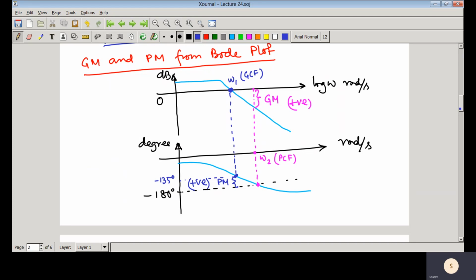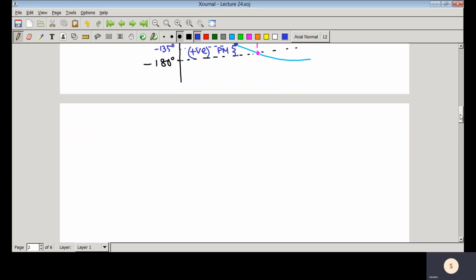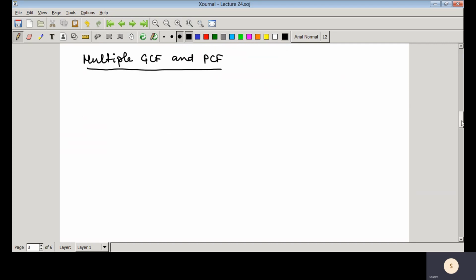So now there is one question. It might happen that in a Nyquist plot, you may have multiple gain crossover frequencies and phase crossover frequencies. Then what happens? If you have multiple GCF, gain crossover frequencies, and PCF, then how do we handle that situation?